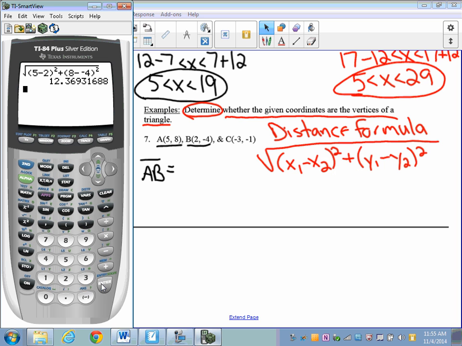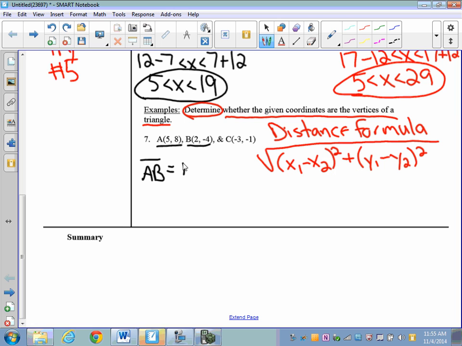Had a lot of practice doing this. We get a number that's very long, so I'm going to approximate. It's about 12.4. If I run into problems where I might have a value that looks like it could be the same, then I'll get a more accurate value. For this problem, that's not going to happen.